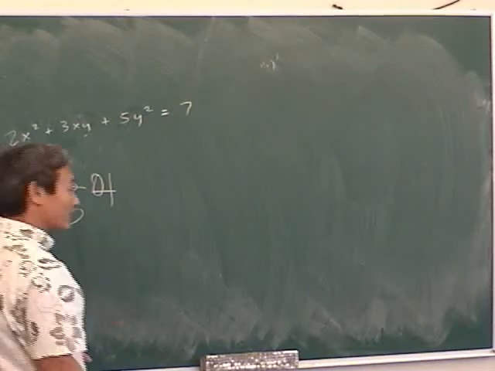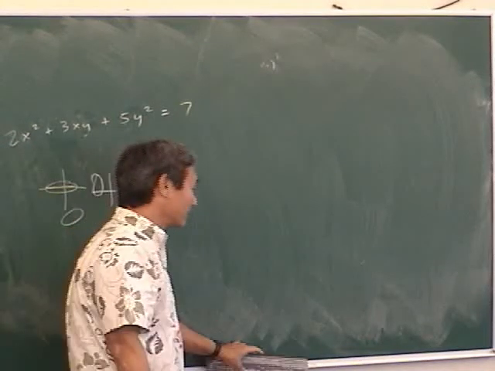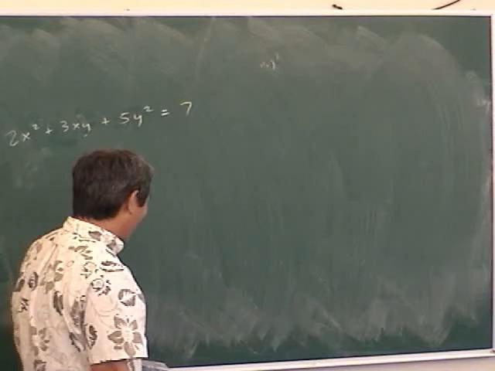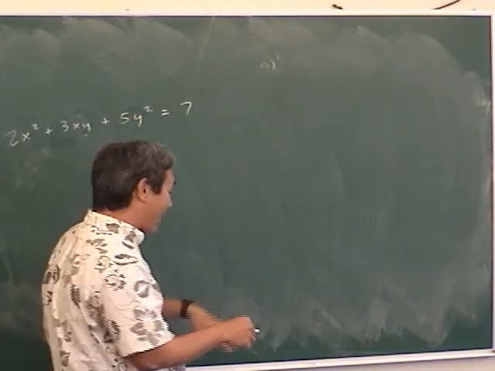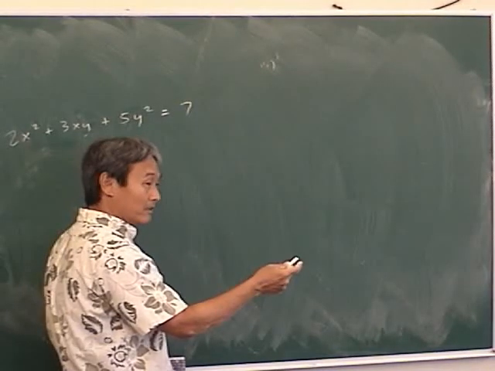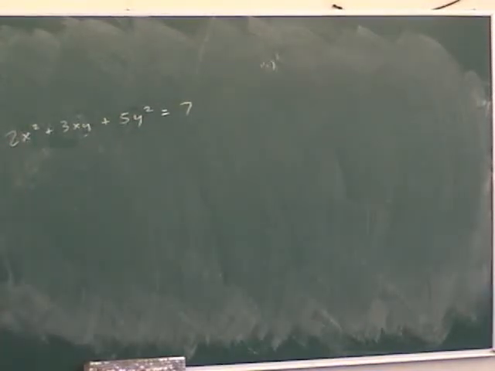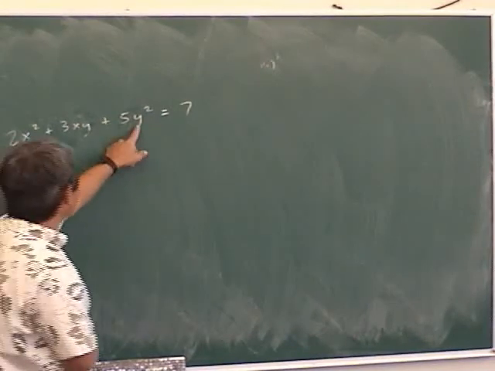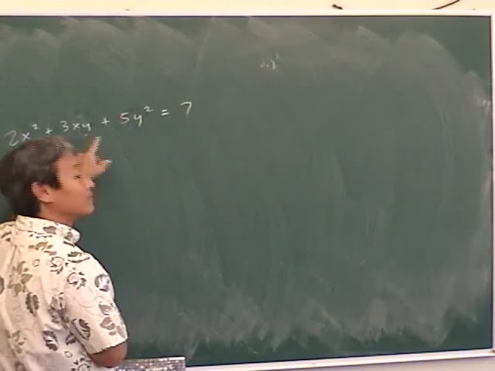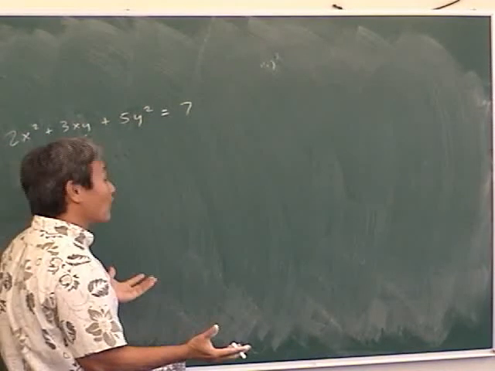Now, how do you graph this on your calculator? Well, your calculator can only graph when it's y equals, right? You have to solve for y. But how do I do that, Mr. Park? I see a y squared term and then a y term. Quadratic formula.